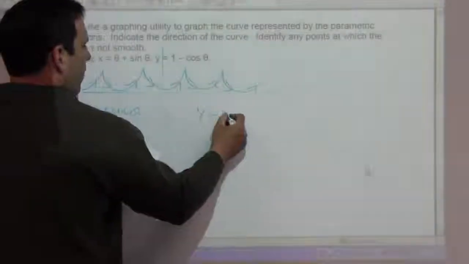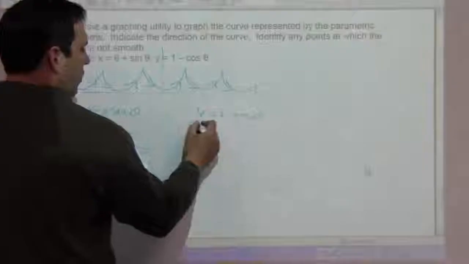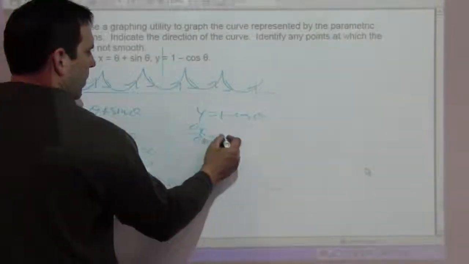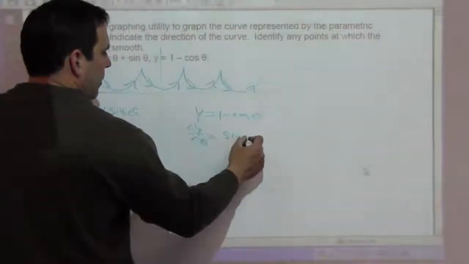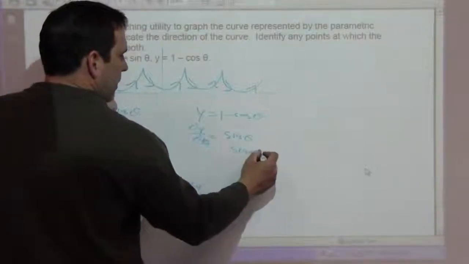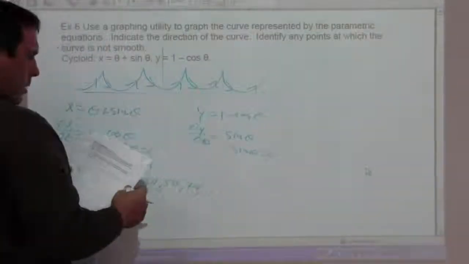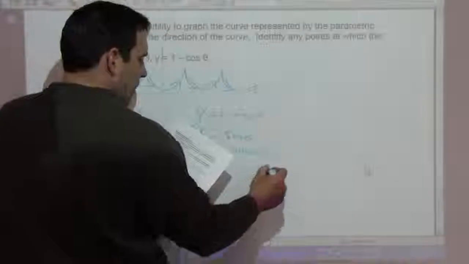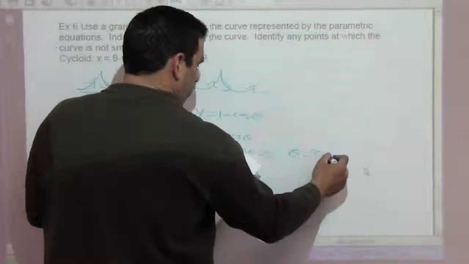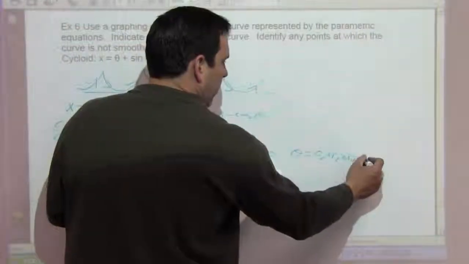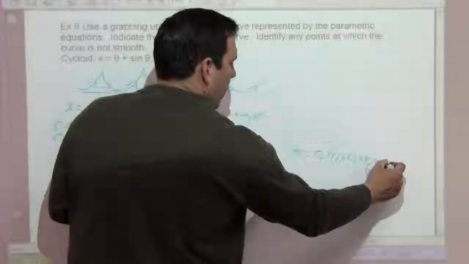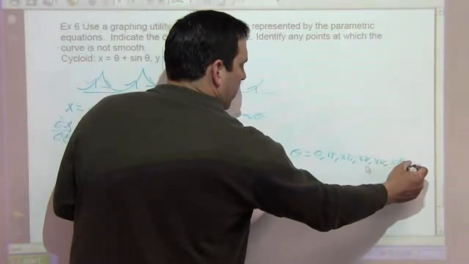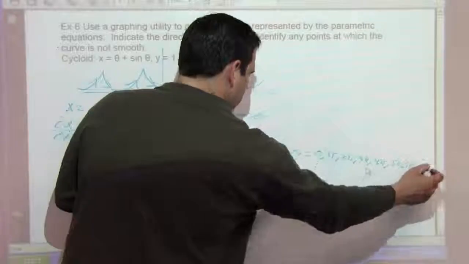Our y would be 1 minus cosine theta, so dy/d theta is going to be sine theta. Sine theta equals 0 where? At theta being 0, pi, 2 pi, 3 pi, 4 pi, 5 pi, 6 pi, and so on.